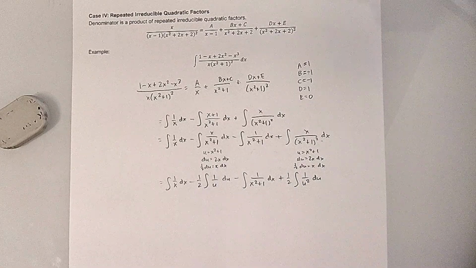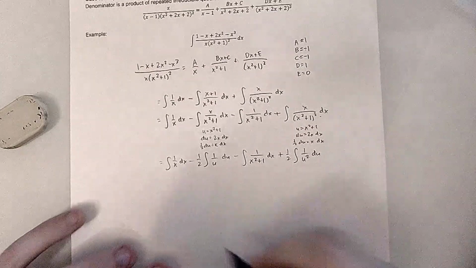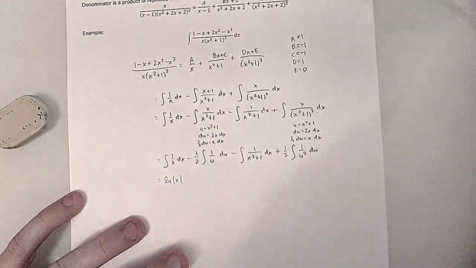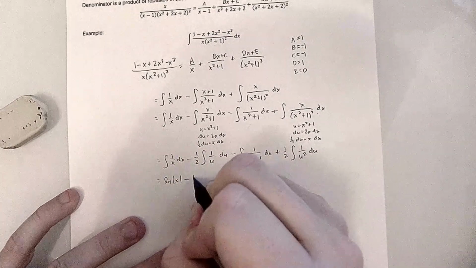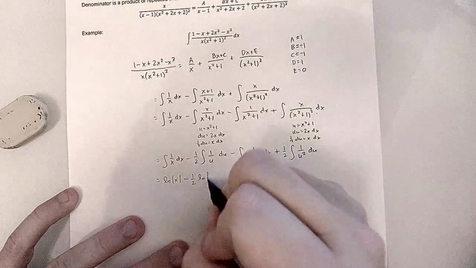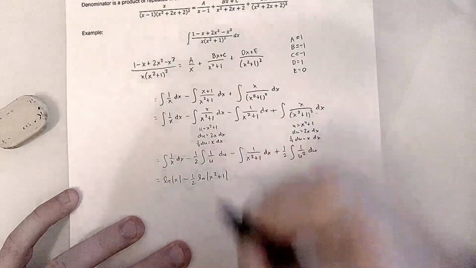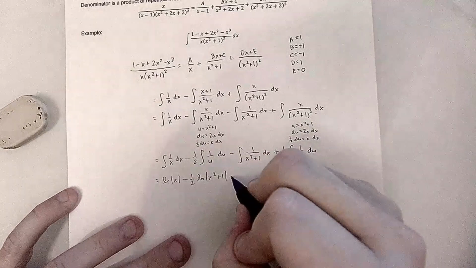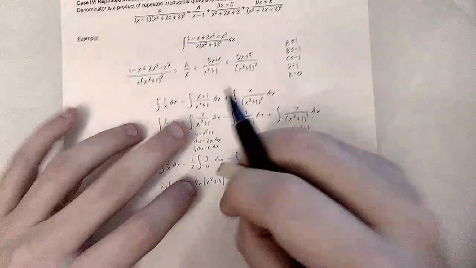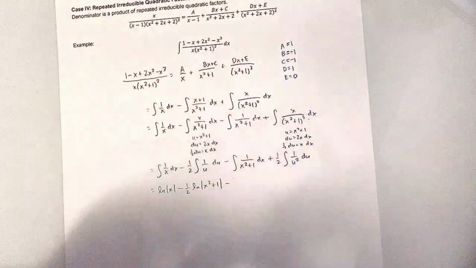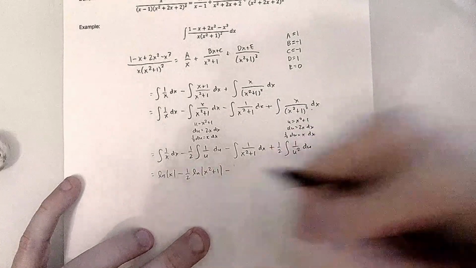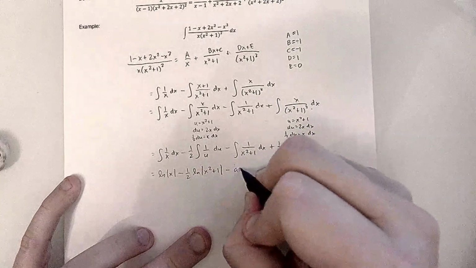All right, let's see if we can knock this thing out. Natural log of x. That one's pretty easy. We get a 1/2 natural log, and you would normally say u, but let's back substitute and get the x squared plus 1. Here we have that formula from before, so that's 1. Oh, it's not 1/2. It is in fact just 1, because this time the a is 1. So we don't need to write anything.